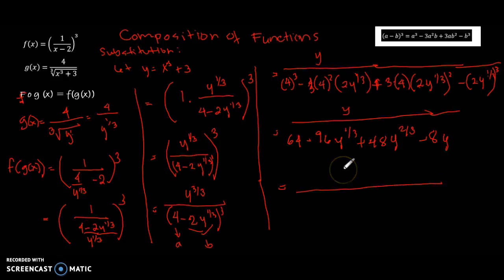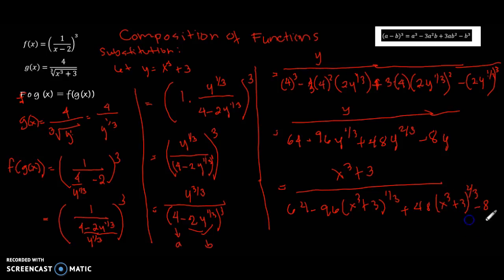So basically just substitute back your y, x cubed plus 3, and then 64 minus 96 times (x cubed plus 3) to the 1/3, plus 48 times (x cubed plus 3) to the 2/3, minus 8 times (x cubed plus 3). And you just pretty much simplify that. Oh, okay. I guess I can still.